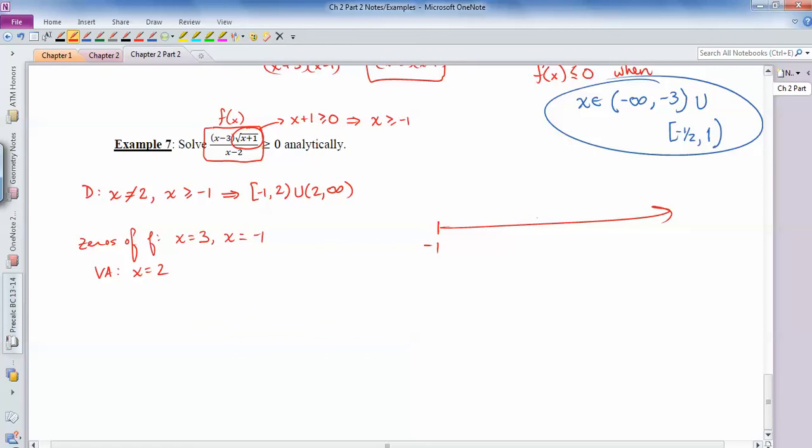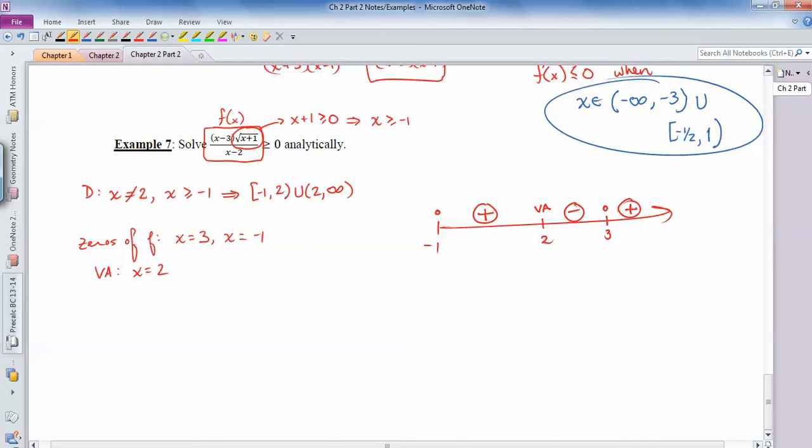I know that I'm undefined at 2. That's going to be the vertical asymptote. Negative 1 happens to be a 0. And I also have a 0 at 3. So if I plug in some test points here, I'll just tell you, it's positive here, it's negative here, and it's positive here.